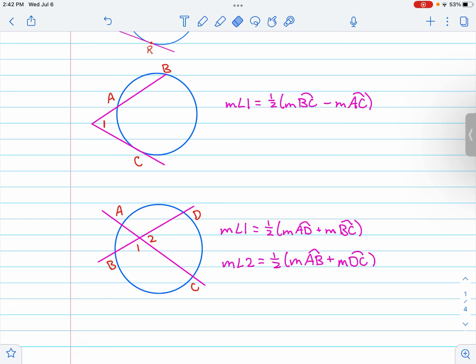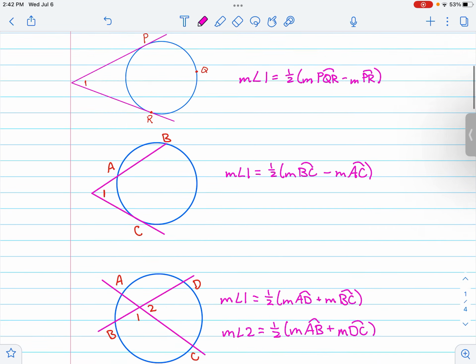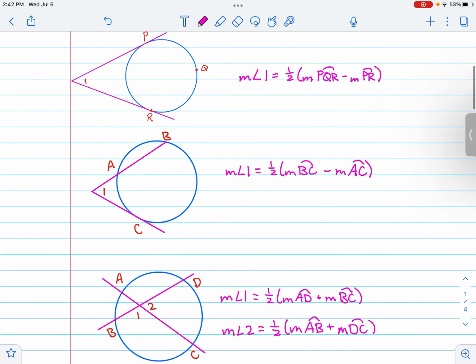It's the measure of the arc, I should say. If we want angle 2, we take the measure of this arc, add it to this arc, and take 1/2 of it. In other words, it's the average of those measures. This is really the whole section.